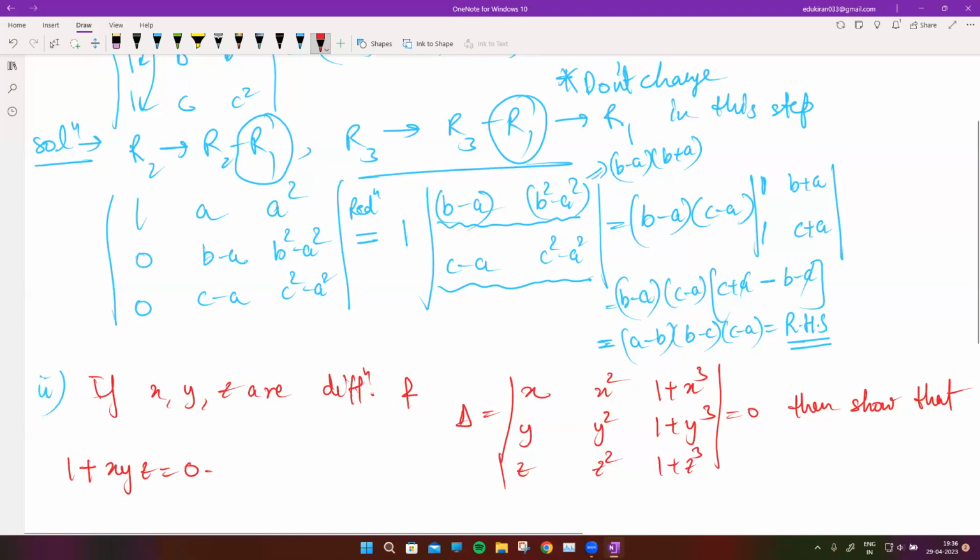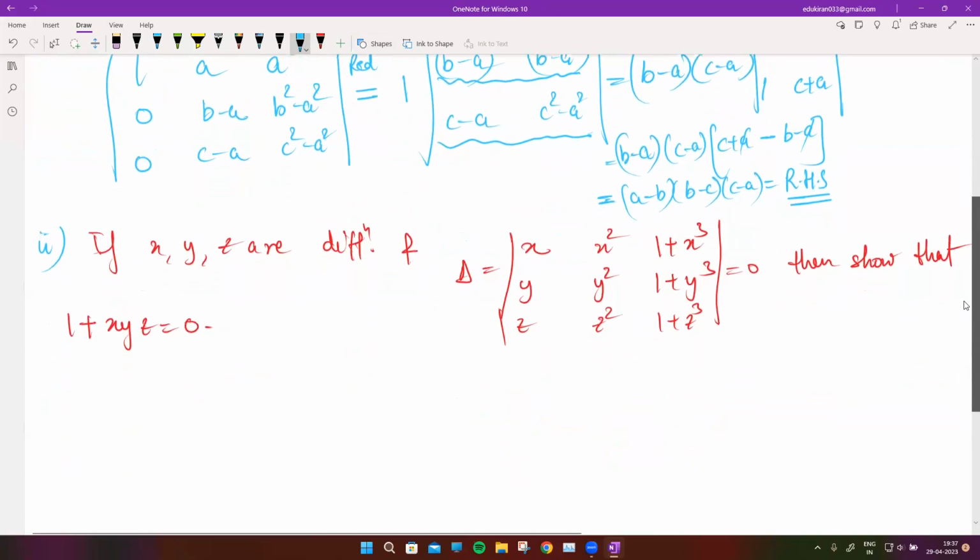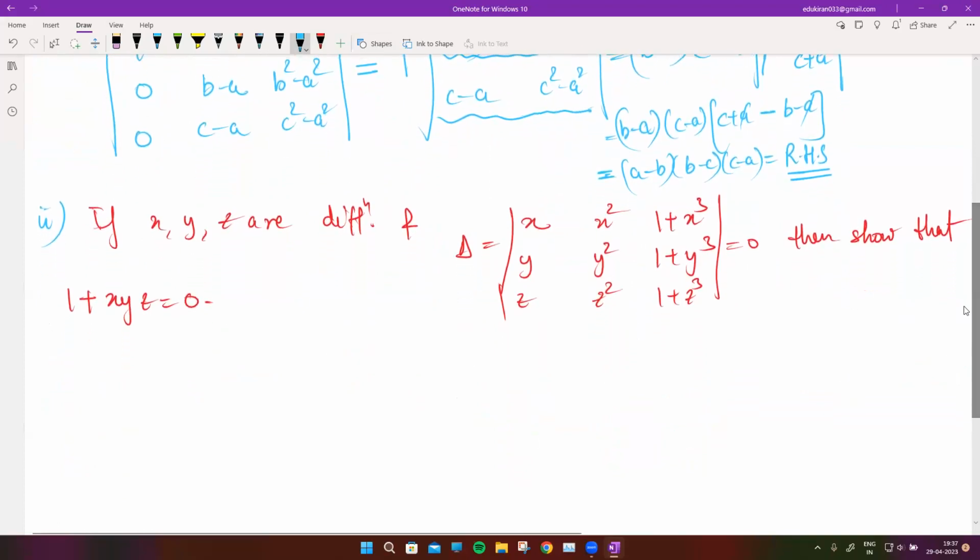The question given is this, that X, Y, and Z are different, right? And the value of this determinant is given to you as 0. You have to show that 1 plus X plus Y plus Z is equal to 0.